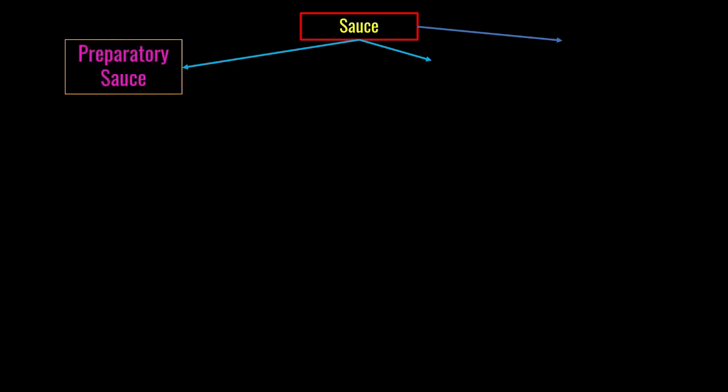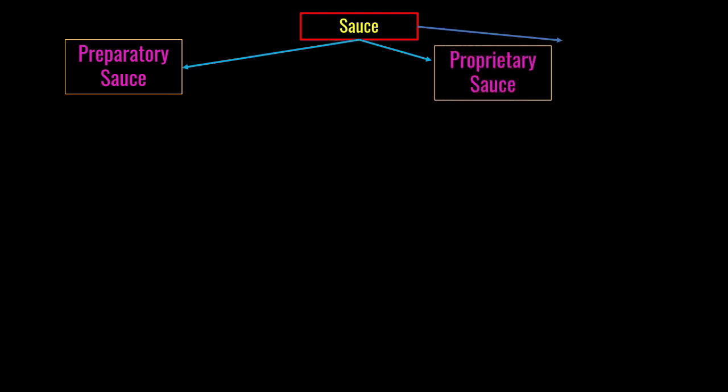You should have a very clear and transparent picture in your mind about the sauce. As you can see from the image, sauce can primarily be divided into three major parts. One is preparatory sauce. Preparatory sauce literally means the sauce which can be prepared in the kitchen.